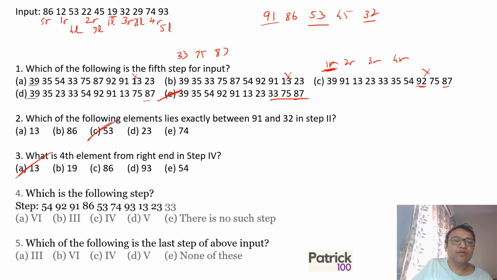If you look at 54, it basically comes from 45, the third left. So 45 becomes 54, 19 to 91. So third step basically. But let's look at the other numbers that are arranged as per order. 86, 53, 74 and 93 are arranged as per order. The remaining elements, three elements are arranged on left and right. Remaining are arranged properly. So this will be the third step.